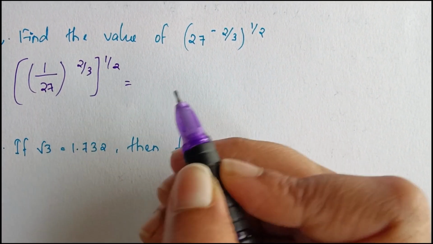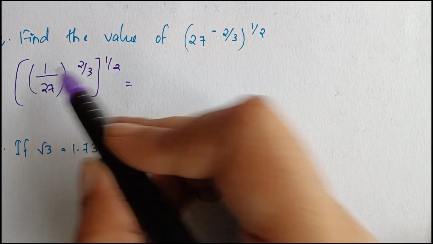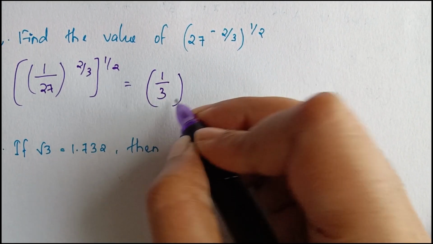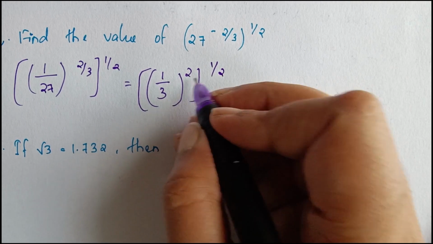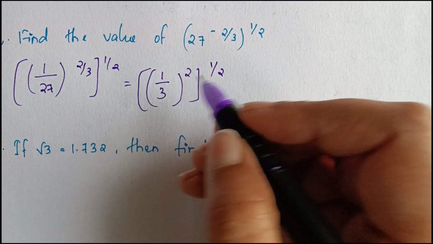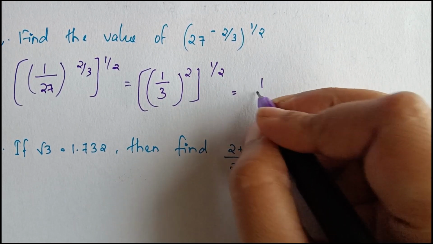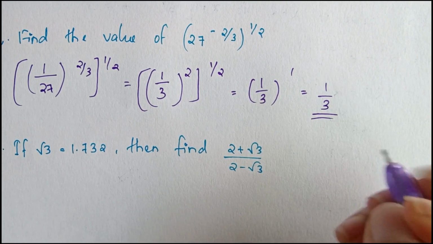So 2 by 3 means cube root of 27. Cube root of 27 is 3. So 1 by 3 the whole square whole raised to 1 by 2. Now a raised to m in the whole raised to n is a raised to m into n. So 2 into 1 by 2 is 1. So the answer is 1 by 3 the whole raised to 1. That is 1 by 3 is the answer.